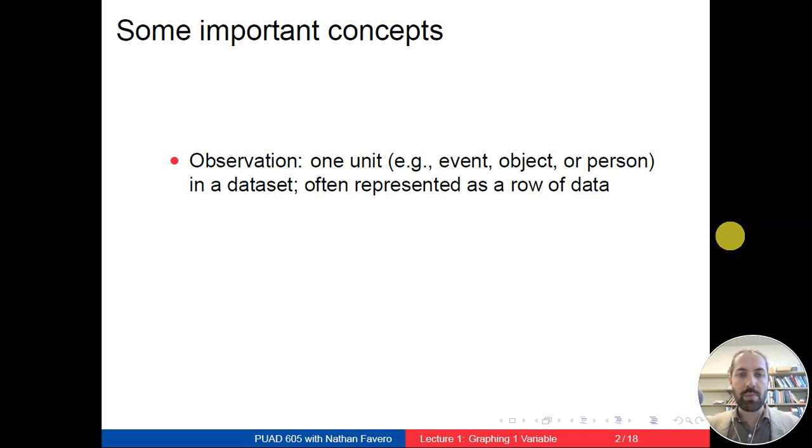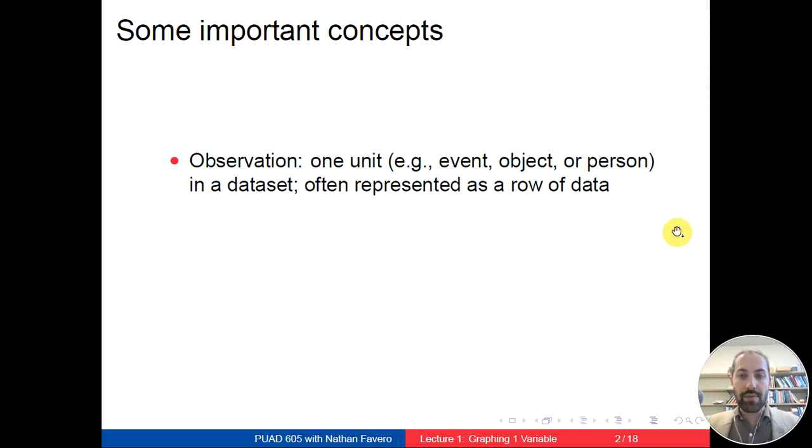A unit, for example, could be a day, right? If we have different rows of data that are different days in a year, for example. Or it could be a particular event, a particular object, or very commonly, it will be a single person. So if we conduct a survey, for example, and different people fill out the survey, each unit is going to be a different respondent, a different person who filled out the survey.